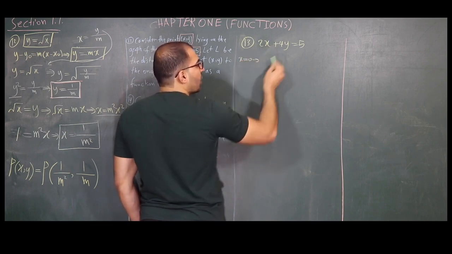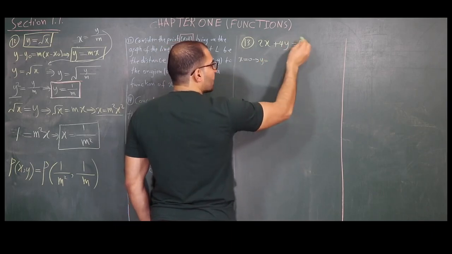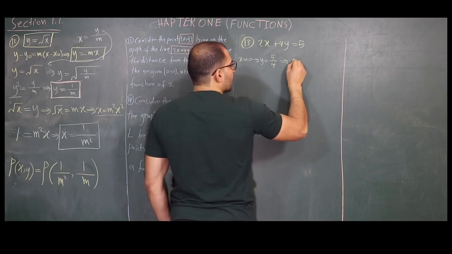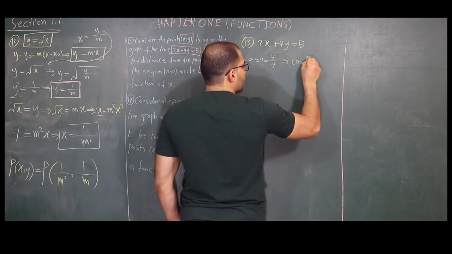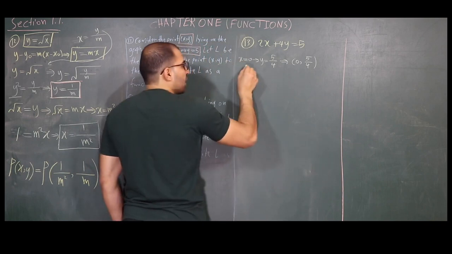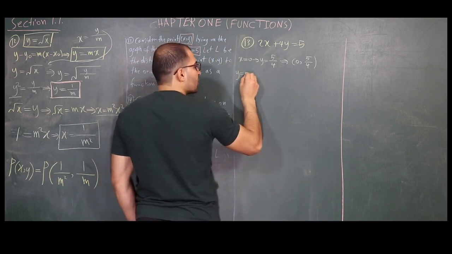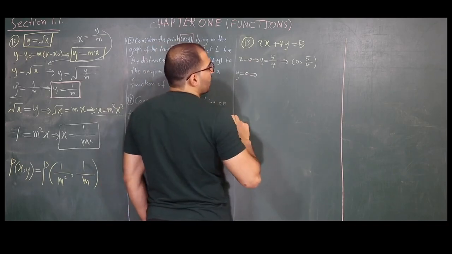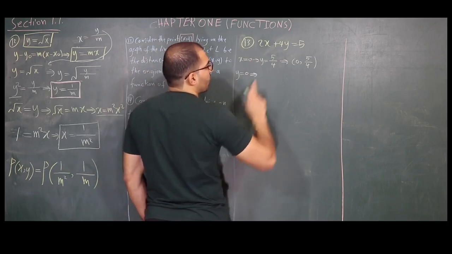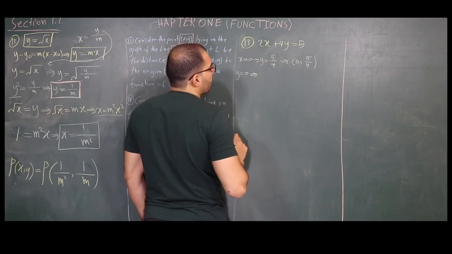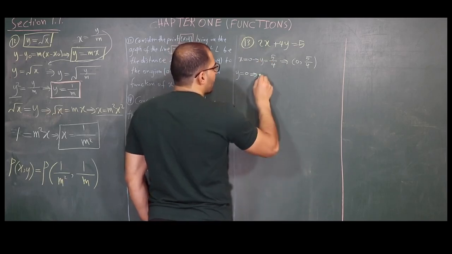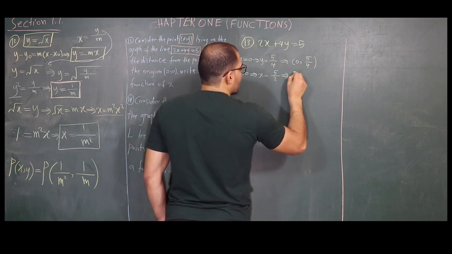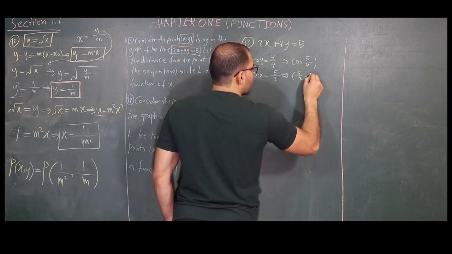The result will be y equal to 5 by 4, so the point (0, 5/4). And then we will choose y equals 0 and substitute it in the line. So the result will be x equal to 5 by 2, so the point (5/2, 0).